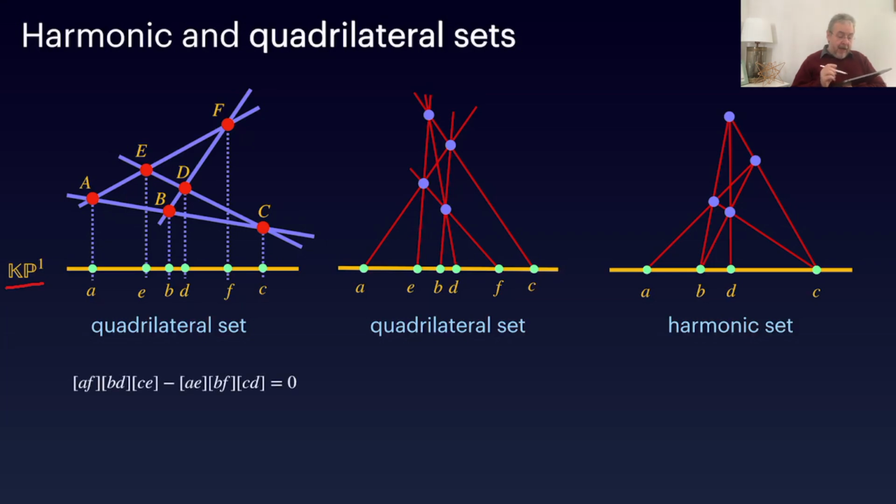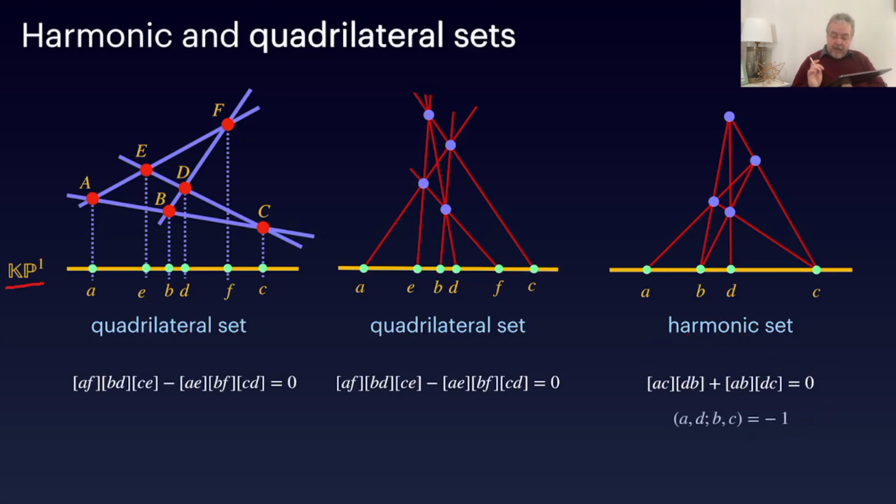So if you look at the first thing, it is characterized by the following property: a product of certain three determinants minus the product of other three determinants should be 0. The second one has the same characterization, the same equation, and the last one is characterized by this equation here. And it turns out this is nothing else than a certain cross ratio being -1.